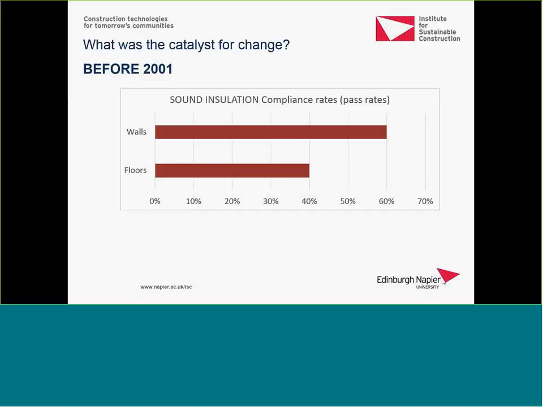So that was a 40% fail rate. And for separating floors for apartments, there was a 40% pass rate, up to a 60% fail rate. So it was unsurprising that there were as many noise complaints, even though some people have higher expectations about build and sound insulation. Nevertheless, there was a real issue.